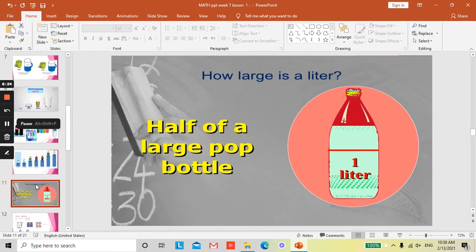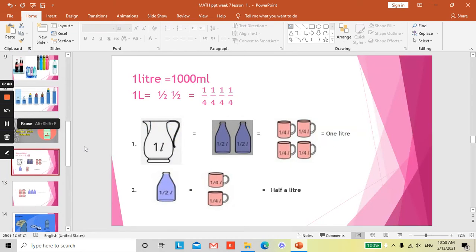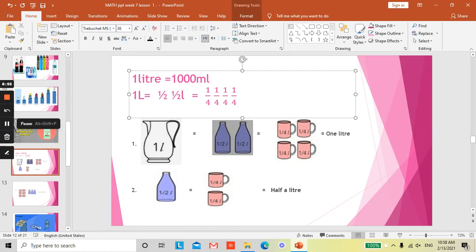How large is a liter? Half of a large pop bottle. That is a liter. Remember we said 1 liter is equal to 1,000 milliliters. 1 L is the same as 2 half liters and 4 quarter liters.